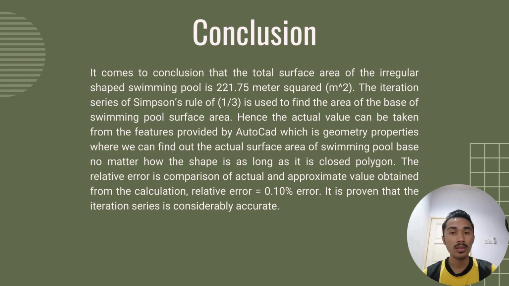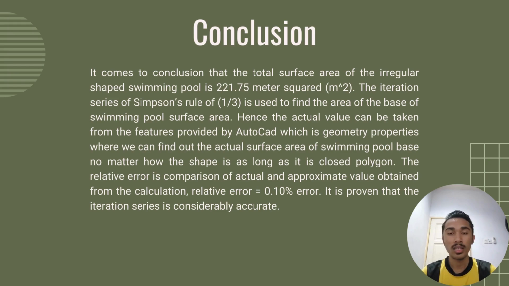By using geometry properties, we can find the actual surface area of the swimming pool, no matter how the shape is, as long as it is a closed polygon.